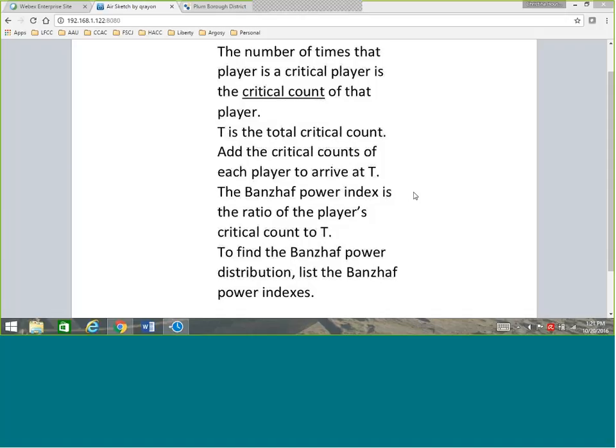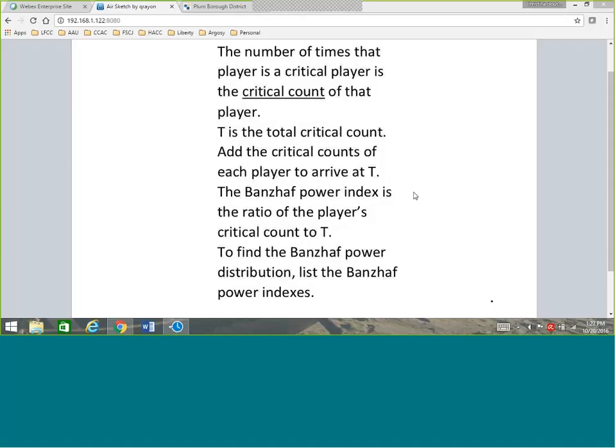And to find the power distribution, you list the indexes. Now, because some students get confused between Banzhaf Power Index and Banzhaf Power Distribution: the index is for each player, you write the ratio of the critical counts over T. The Banzhaf Power Distribution, all that is basically listing altogether each power index.